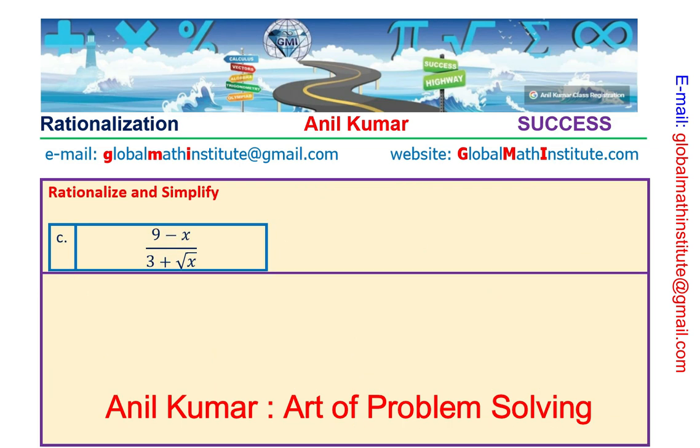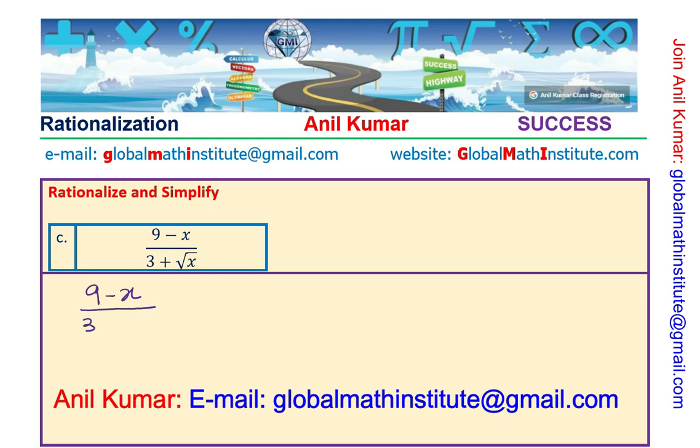Now let's begin with part C. You can always pause the video, answer these questions. So here we'll multiply and divide by conjugate. Conjugate will be 3 minus square root x, right? So we are given 9 minus x over 3 plus square root x. We'll multiply and divide by the conjugate, which is 3 minus square root of x.